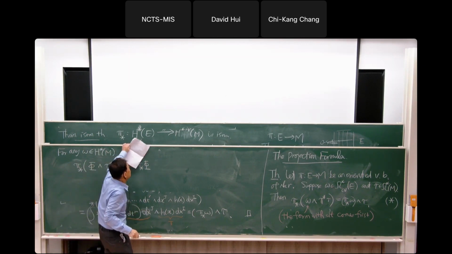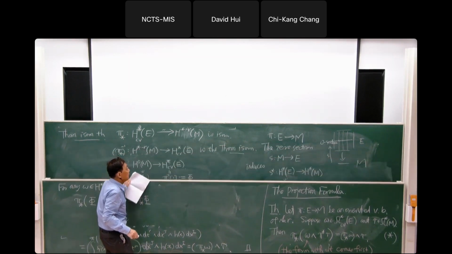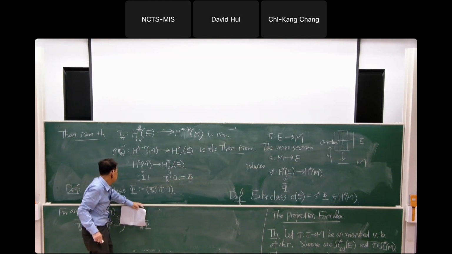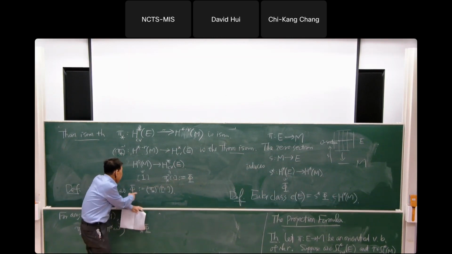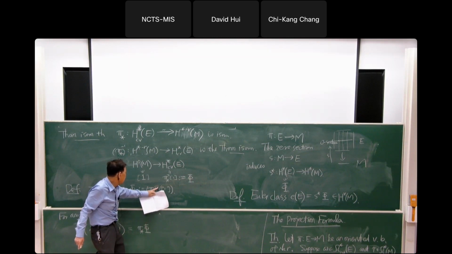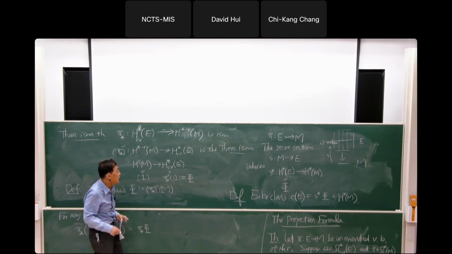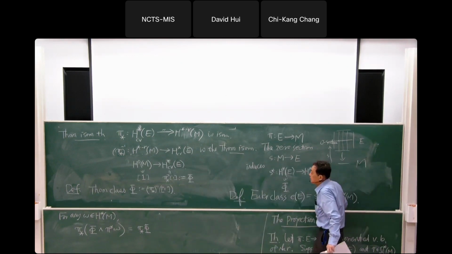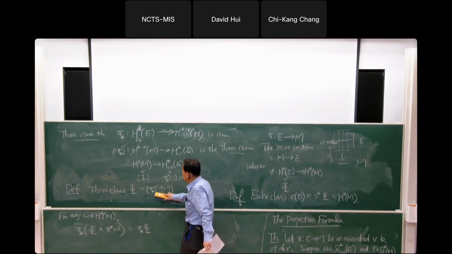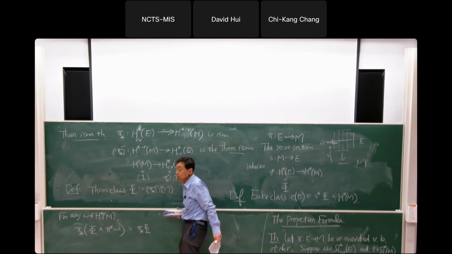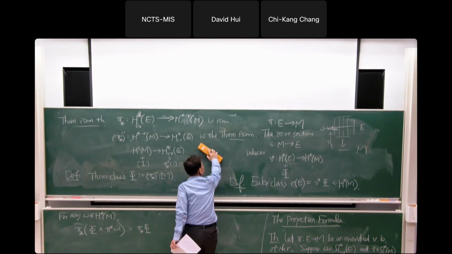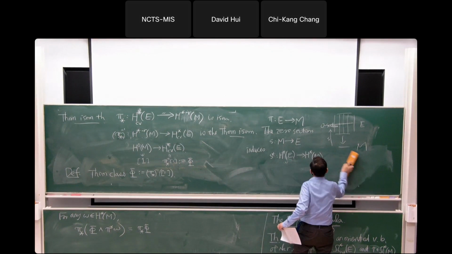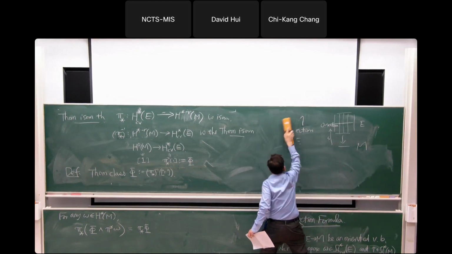Okay, yeah. So φ is the inverse of 1 under π lower star. And that means π lower star of φ should be 1, right? So let's write this down.